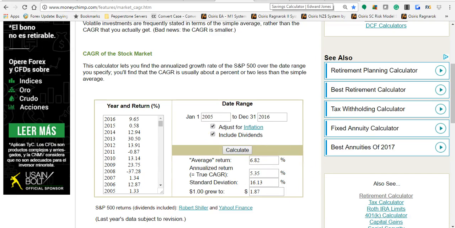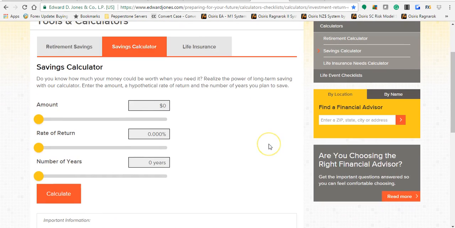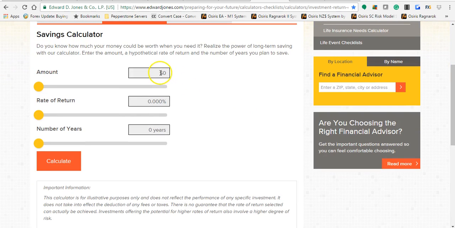So if I were to take this money and find a bank willing to give me that return, 5.35, I want to see how long it's going to take me via traditional investments.